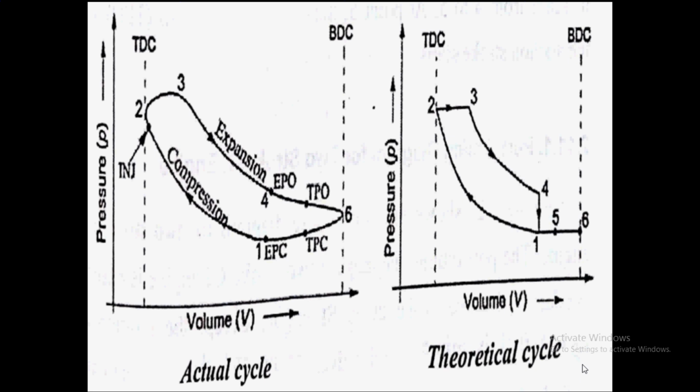At the end of the expansion stroke, the exhaust port opens, EPO, at 4, and burnt gases are pushed out into the atmosphere. During this, the pressure falls suddenly to atmospheric pressure. As the piston moves towards bottom dead center, the volume of burnt gases increases from 4 to 5. At point 5, the transfer port opens, TPO, and the suction stroke starts.